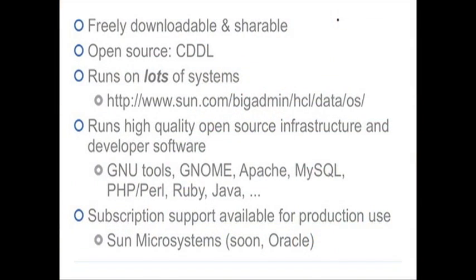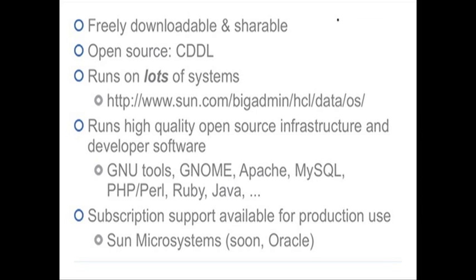So just as a quick reminder about why we are promoting OpenSolaris as a development environment for open source developers. Typically when customers tell me why they like Linux, it's because it's free, it's open source, runs lots of places, and has lots of interesting and useful software that it runs. Well, the same thing is true for OpenSolaris. It's free, downloadable, shareable.